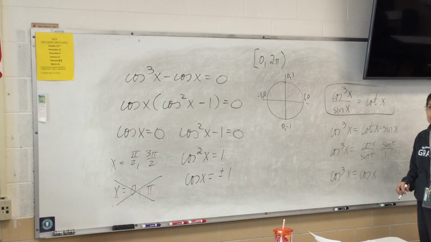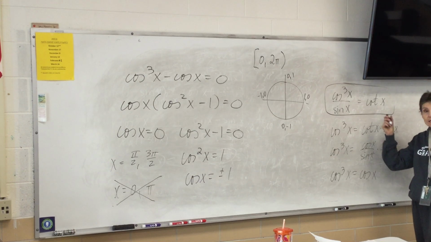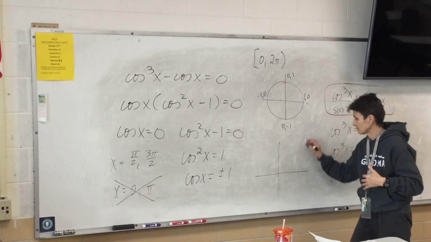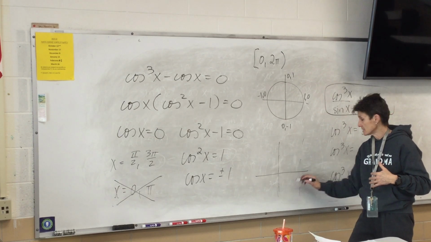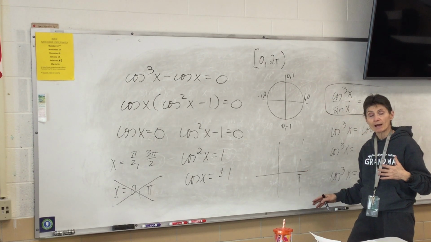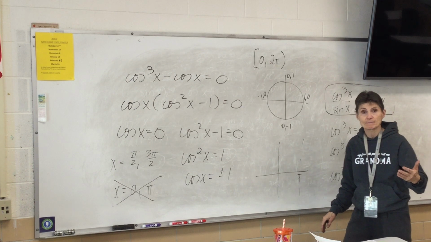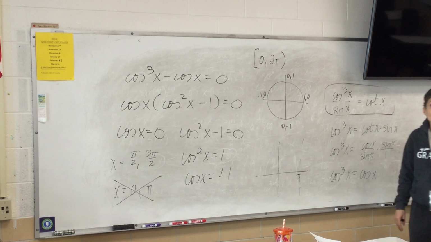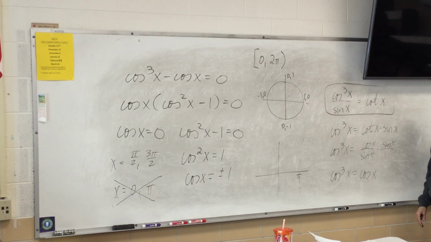We can't include those two answers because the cotangent of 0, think about what your cotangent looks like. The cotangent of 0 and the cotangent of pi are undefined. And you can't include values that make your function undefined. So there you go.